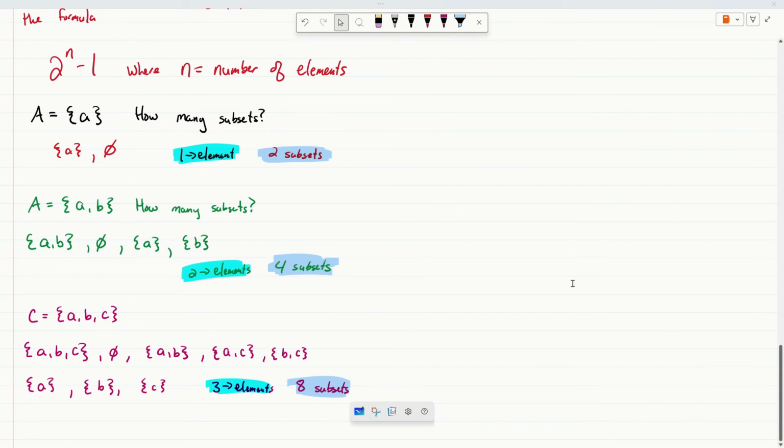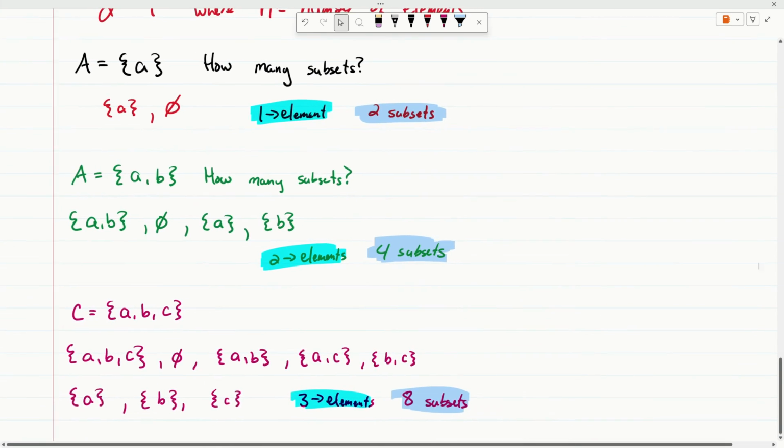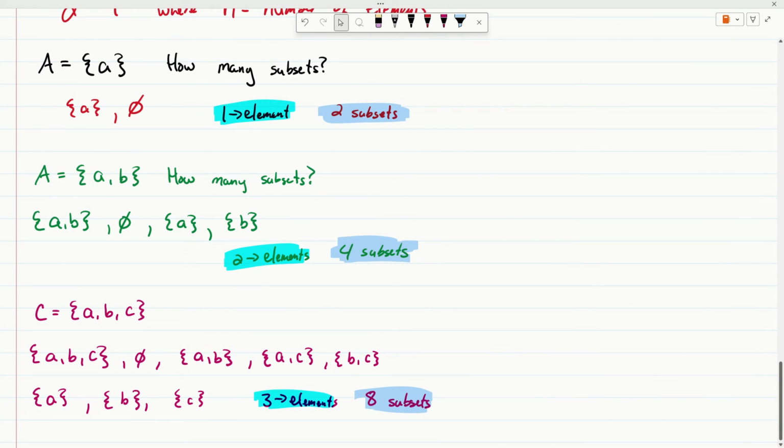Now, remember, proper subset means you cannot include the set itself. So for the first one, we cannot include that because that's the set itself. So you only have one proper subset, and that would be the empty set.